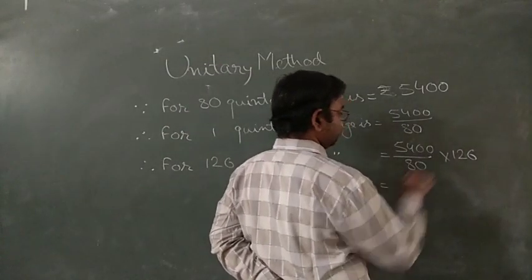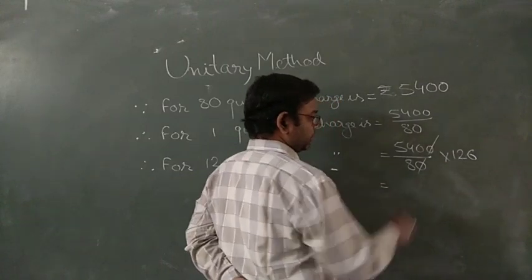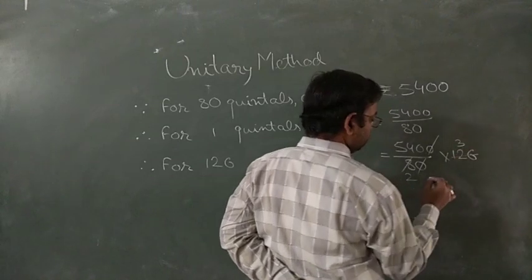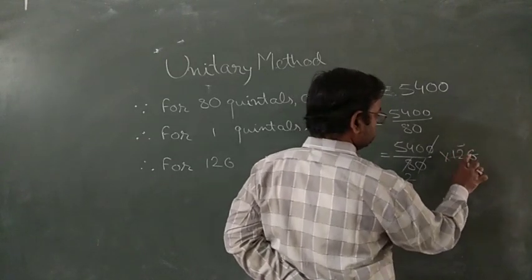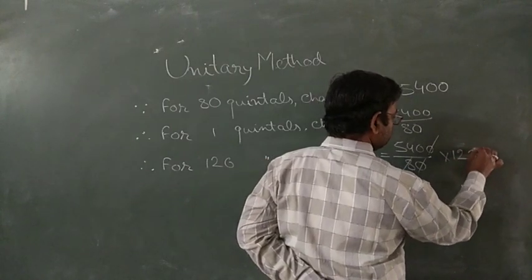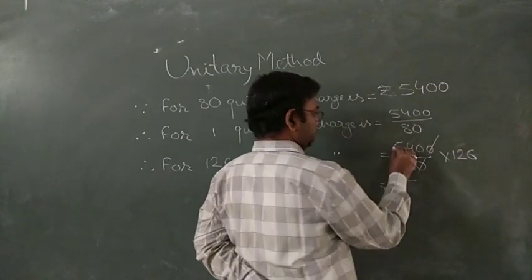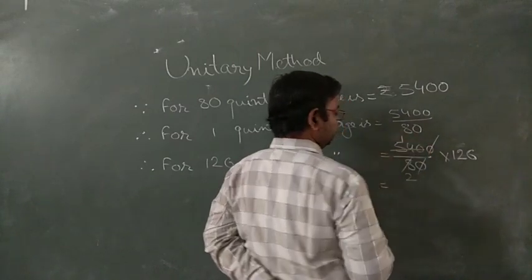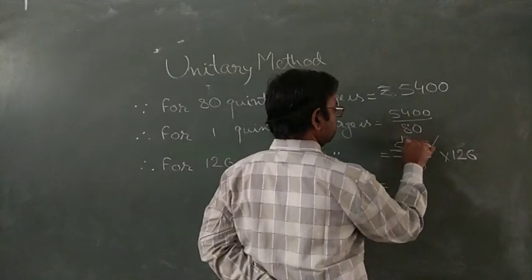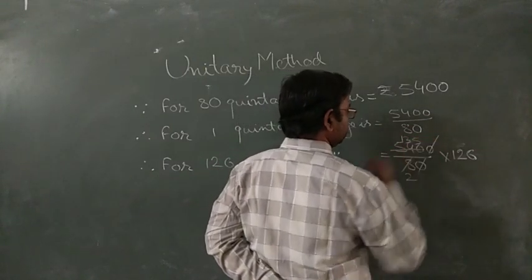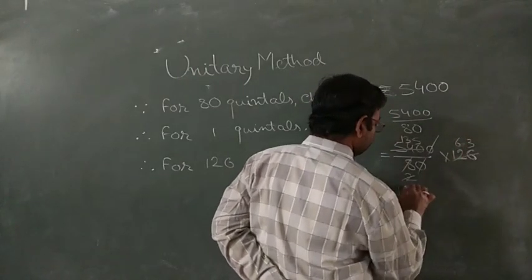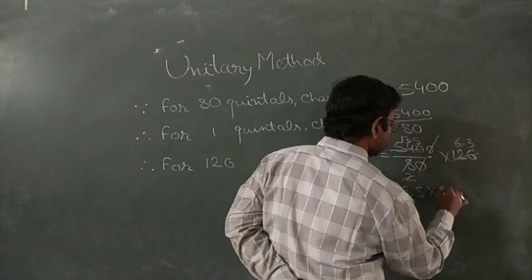Now when you try to solve, 0 0 cancel each other. 4 1s are 4, 4 3s are 12, and 4 5s are 20. Now 2 is there, 2 6s, 2 3s. It's 135 into 63.